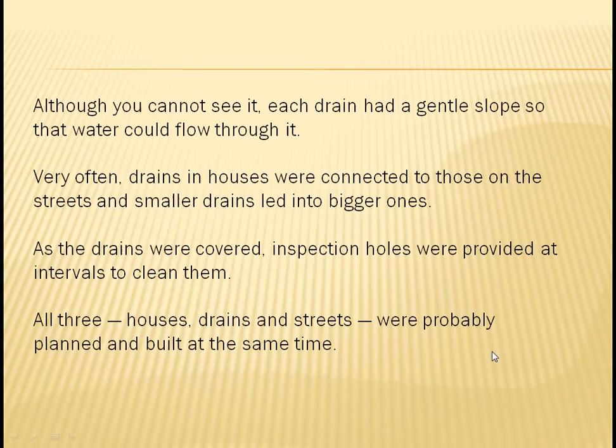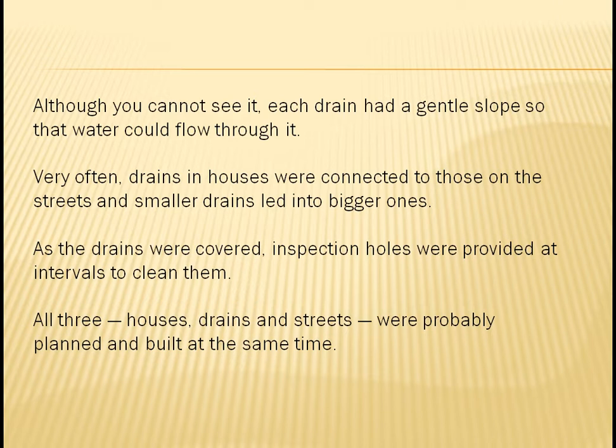Moving further, although you cannot see it, each drain had a gentle slope so that the water could flow through it. Very often, drains in houses were connected to those on the street and smaller drains led into bigger ones.